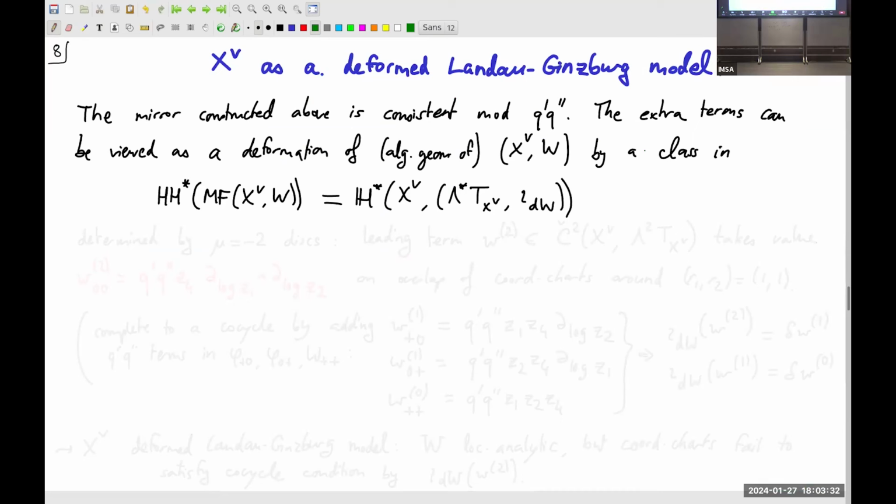Well, each of these classes of disks that show up, you should think of them on the Fukaya side, contributions of holomorphic disks are Hochschild cohomology classes, or maybe I should say before you make it consistent, just Hochschild cochains on the Fukaya category. And so on the mirror side, I should get something in the Hochschild cohomology of the category of matrix factorizations of my previously corrected but not completely Landau-Ginzburg mirror.